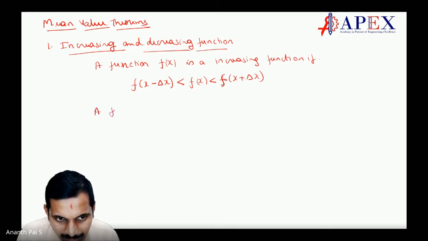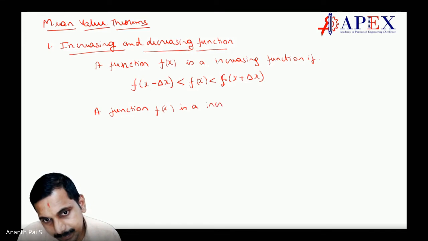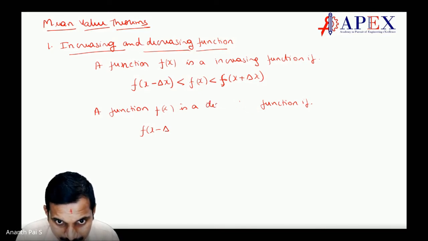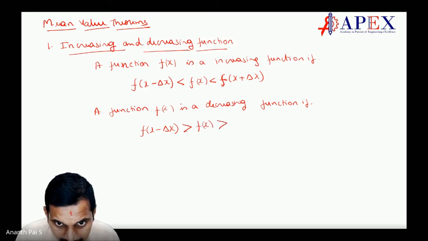Similarly, a function f of x is a decreasing function if f of x minus delta x is greater than f of x, which is greater than f of x plus delta x.